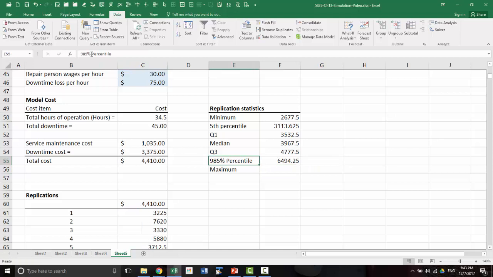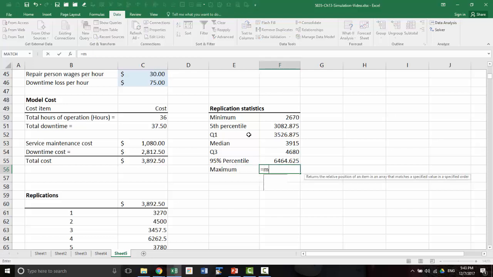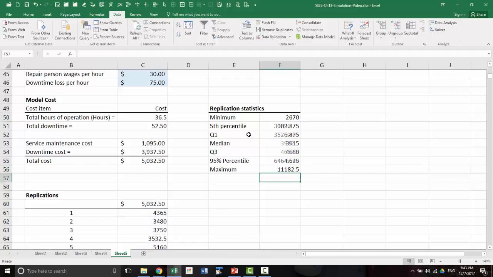So I have a typo here. And maximum. Okay, so all of these are costs.